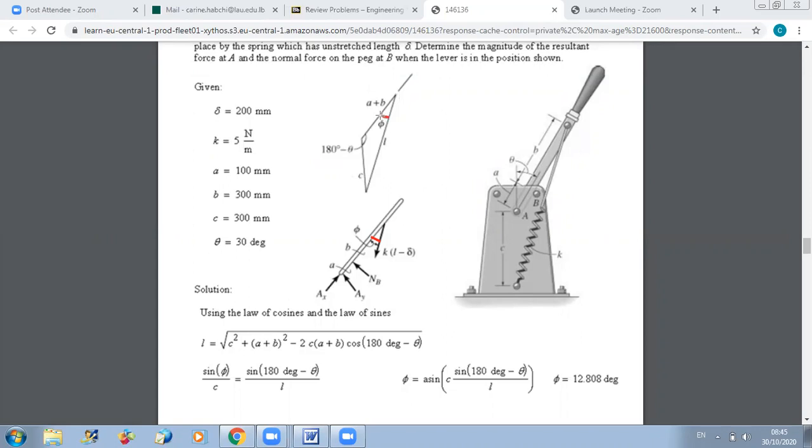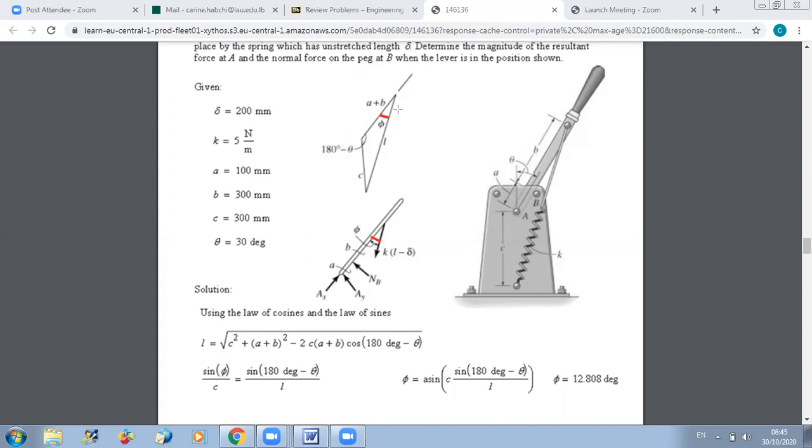And from geometry, you can use sine law to find angle phi. Because in this triangle, you know this angle, which is 150, and you know the length of all your sides of the triangle.